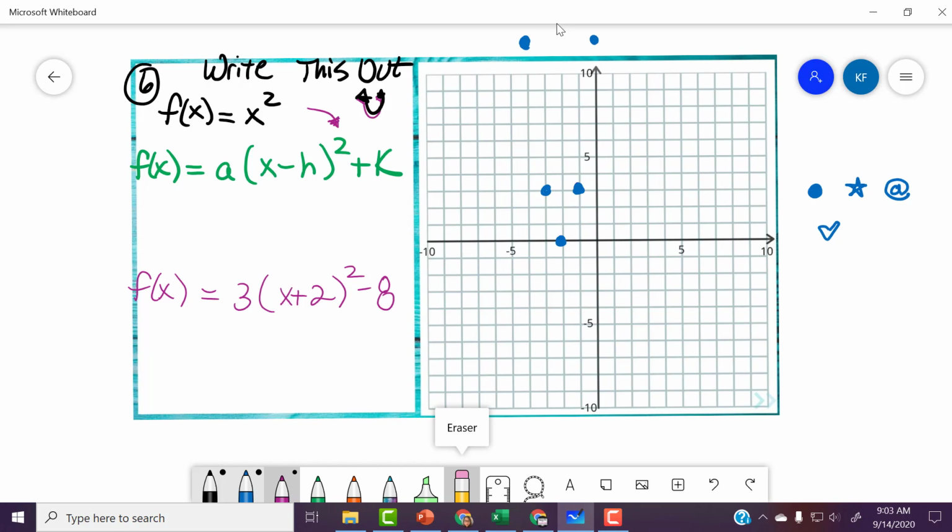All right, the last thing we need to do is move everything down 8. So we're going down, this is your vertical shift. So up and down. So you're going to move all the points down by 8.